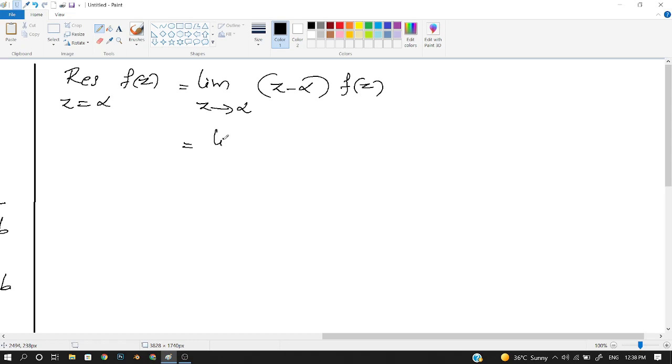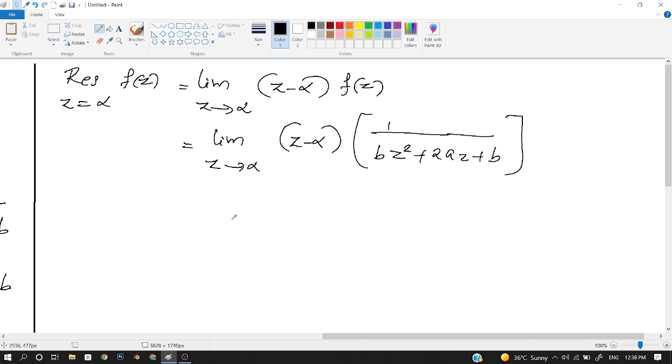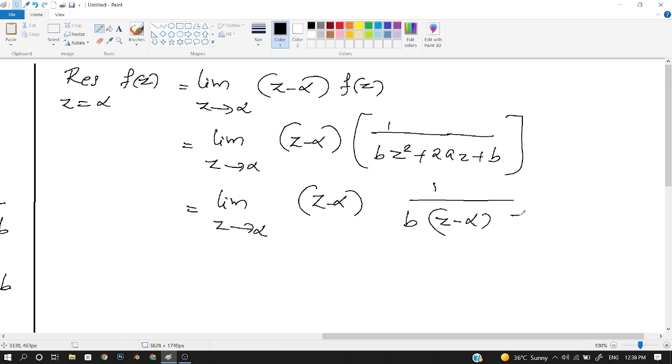So this is the limit as z tends to alpha of z minus alpha into 1 by bz square plus 2az plus b, and this is equal to the limit as z tends to alpha of z minus alpha into 1 by b into z minus alpha into z minus beta.